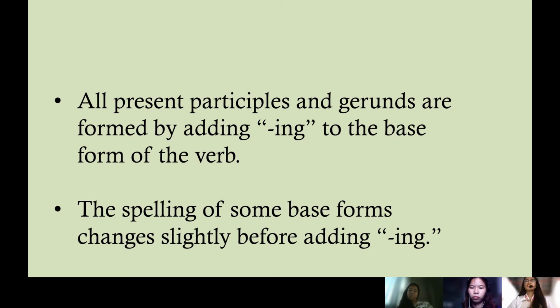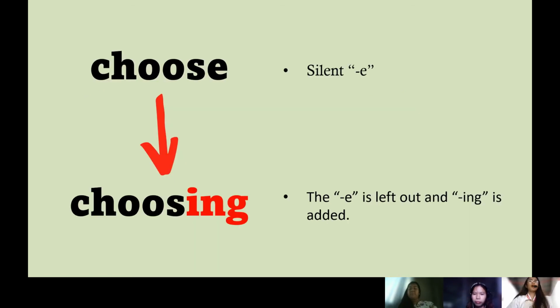Now, the spelling of some base forms changes slightly before adding ing. So, hindi tayo pwedeng basta-basta lang mag-add ng ing to create present participles and gerunds. You need to familiarize yourself with the spelling. Okay, so let's try. We have the word choose.